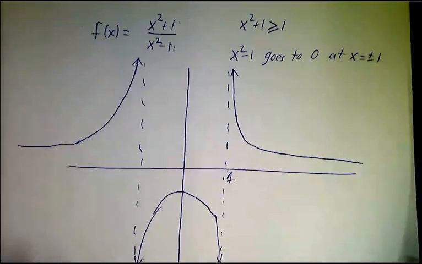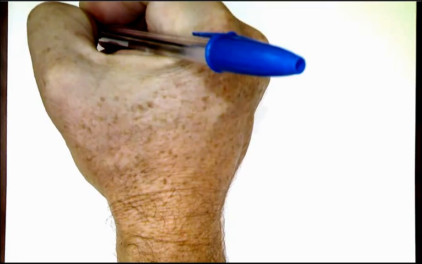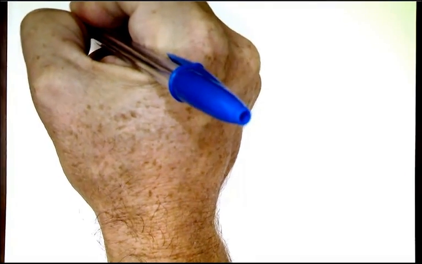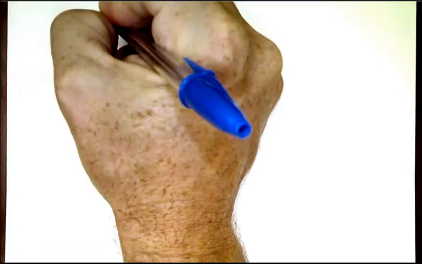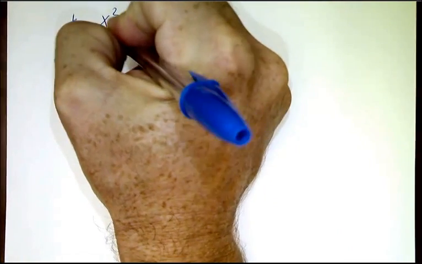Okay. Now let's look at a function where the numerator and the denominator both go to 0 at a certain place. Let's look at the function x squared minus 3x plus 2 divided by x squared minus 4.